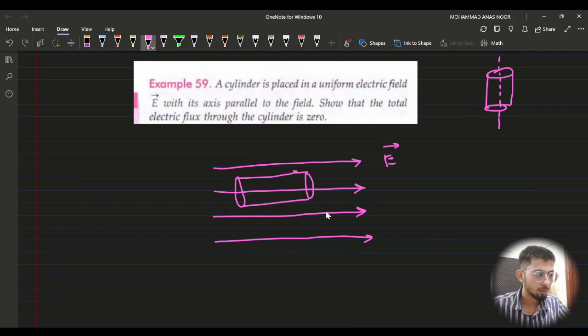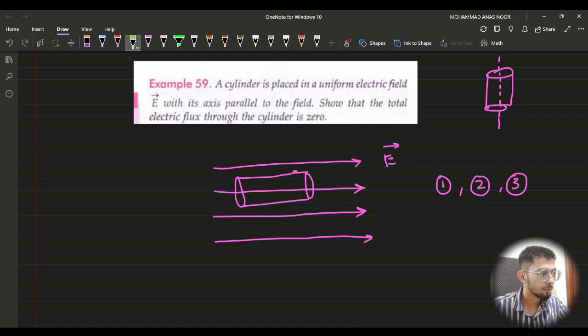You should remember that the cylinder is a 3D object first. It is not a 2D object. First thing, it has 3 surfaces: 1, 2 and 3.